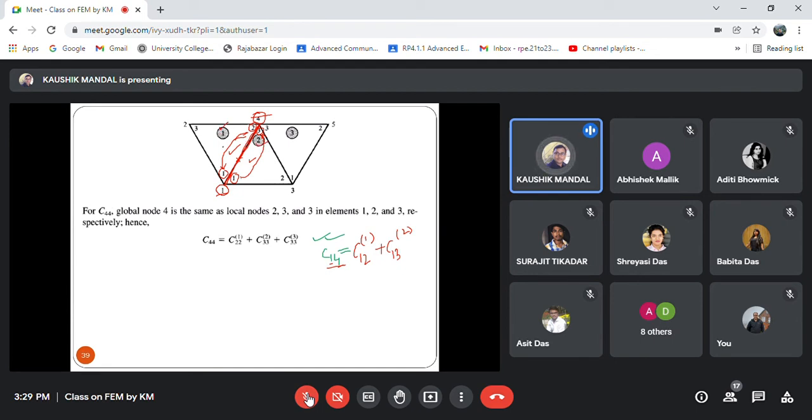In case of element number 1, node 1 and node 2 are associated with this common boundary line. So it will be C of 1, 2 of element 1. And in case of element number 2, node 1 and node 3 are directly connected with this common boundary line. So it will be C of 1, 3 of 2. Yes, it's correct.